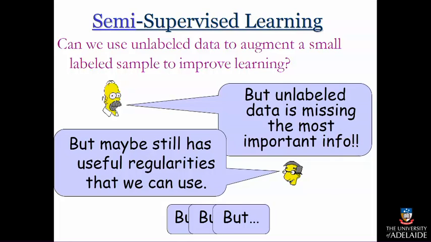And after the training, the accuracy should be better than using those labeled data alone. Otherwise, it's useless, it doesn't make any sense. So we need some algorithm which can improve the accuracy or the generalization capability compared with purely supervised learning.